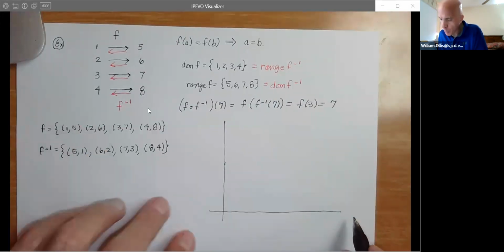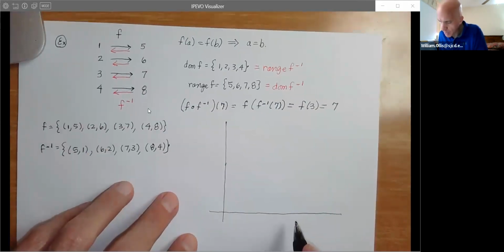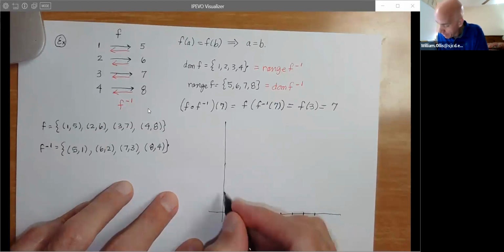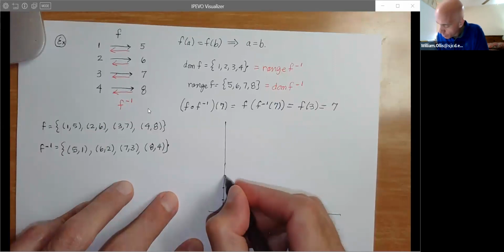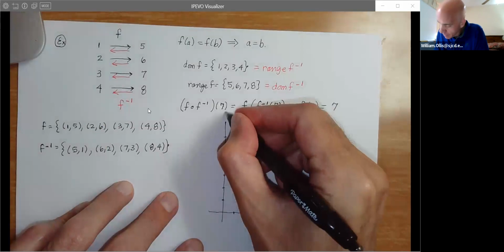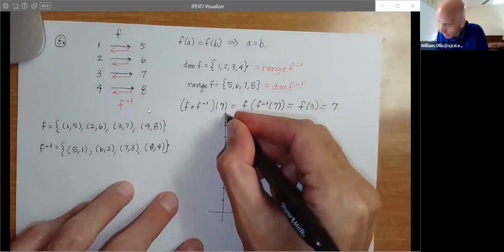So I've got 1, 2, 3, 4, 5, 6, 7, 8. And then the same here. 1, I'll try to do it as even as I can. 2, 3, 4, 5, 6, 7, 8.